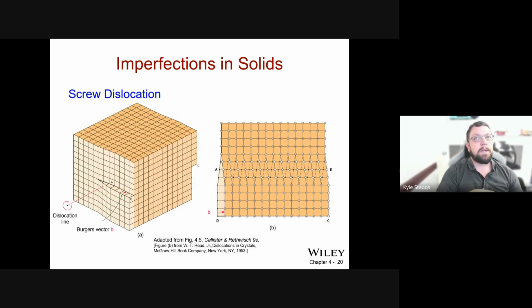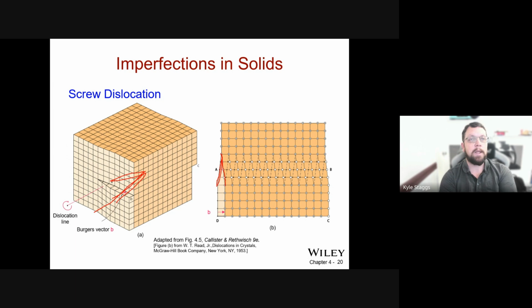A screw dislocation is a little bit different. The Burgers vector here is along this direction. It's trying to get you to understand how the material is shearing. So the bonds, instead of being attached along this line, the lines have broken, and now it is dislocated.